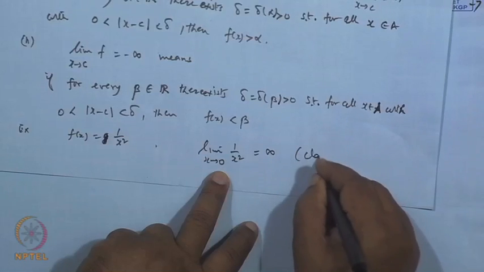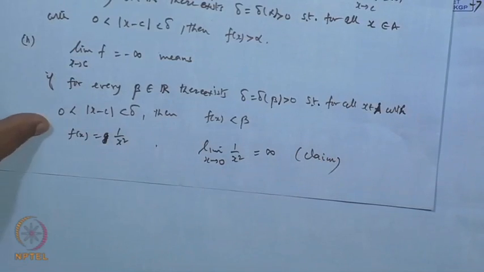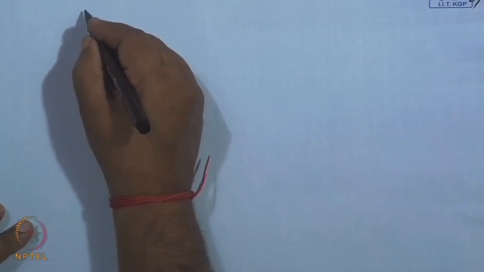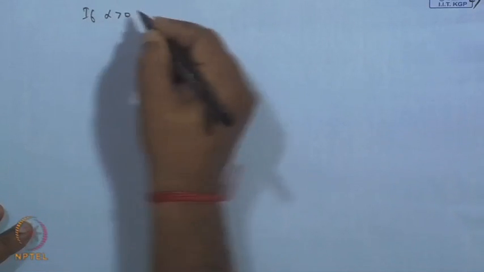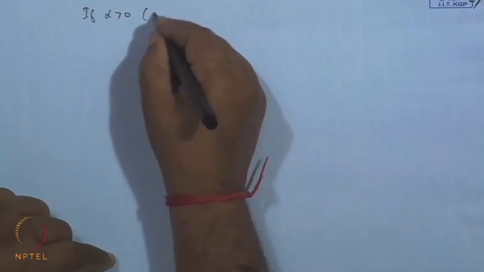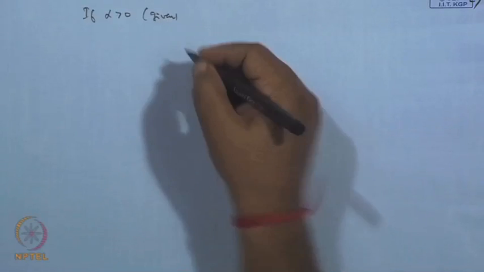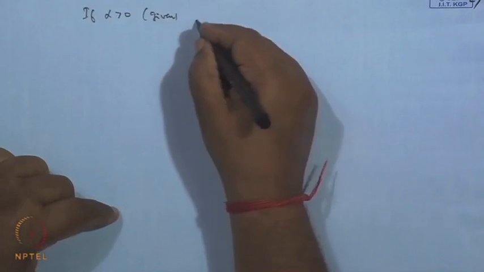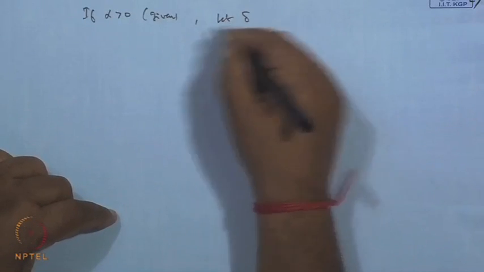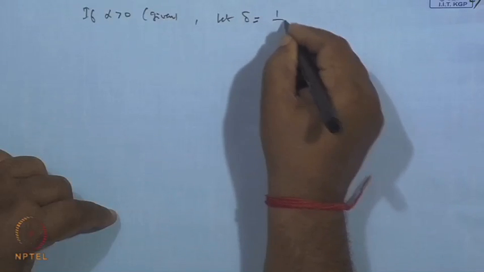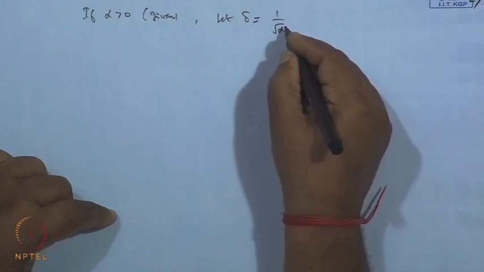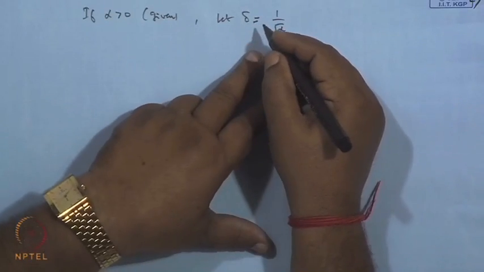This is our claim. To justify it, we write like this: suppose alpha greater than 0 is given, and let us choose delta as 1 by root alpha. So delta depends on alpha.